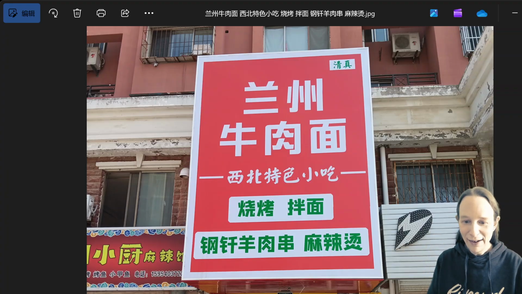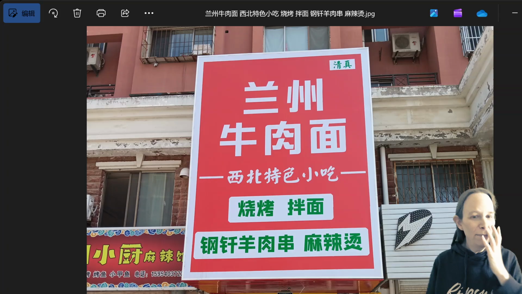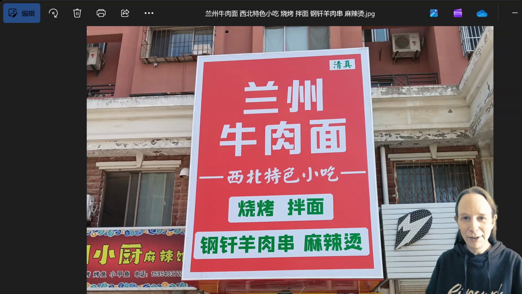So anyway, Lanzhou 牛肉面. Lanzhou is a city in China noted usually for la mian, and also for having lots of Muslims. Qingzhen is halal, so this is a halal restaurant. 西北特色小吃.